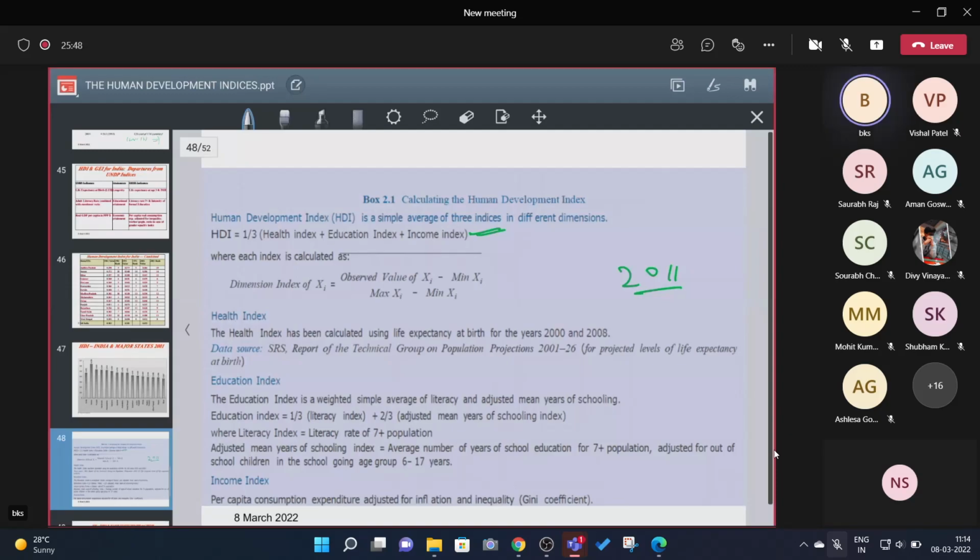The health index was calculated using the indicator life expectancy at birth, whereas the education index was calculated by literacy rate and adult mean years of schooling.